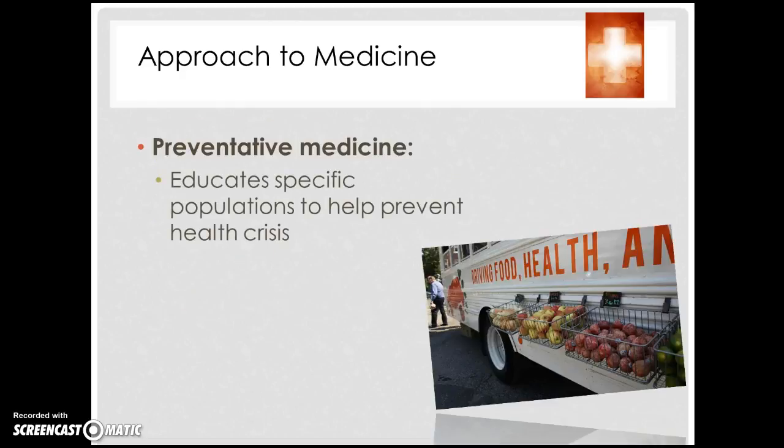Preventative medicine, on the other hand, seeks to treat the population, not the patient. So we're talking about neighborhoods with a large number of low income members that need access to healthy foods, to places to exercise, to education, to better job opportunities, economic opportunities. With preventative medicine, we're trying to mobilize to prevent social inequities that lead to health inequities.